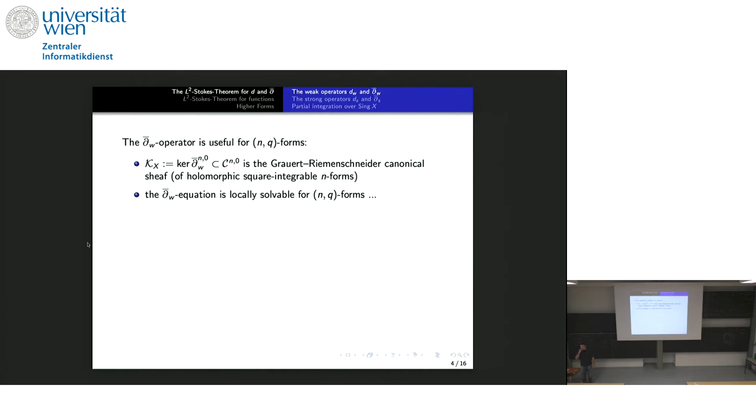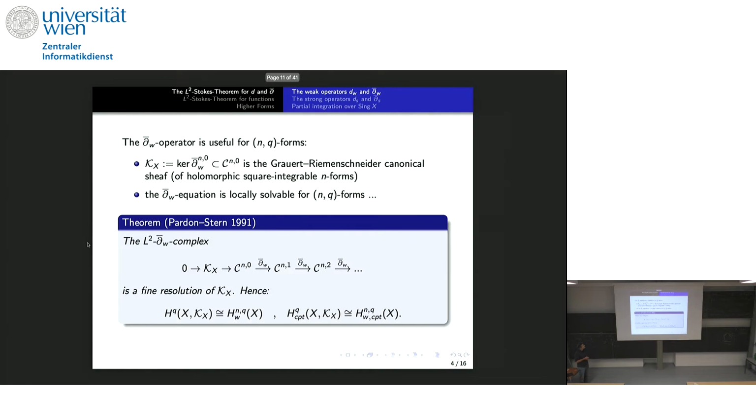Another interesting feature is that the d bar W equation is locally solvable for (n,q) forms, even in singularities. At regular points, the usual solvability for d bar is clear, but it's solvable for (n,q) forms even in singularities.